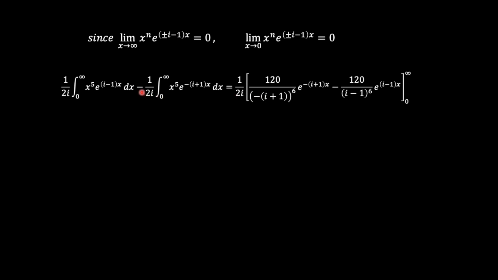since we have this negative here, when we multiply that negative with the negative of the last constant, it becomes positive. So we have a flipped situation here.